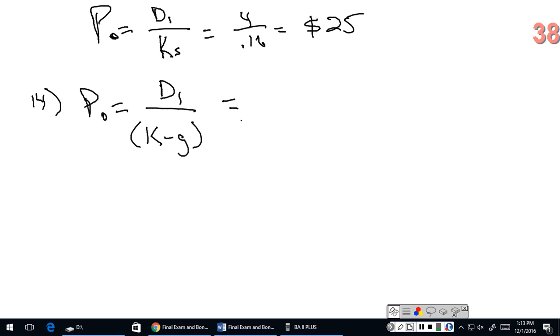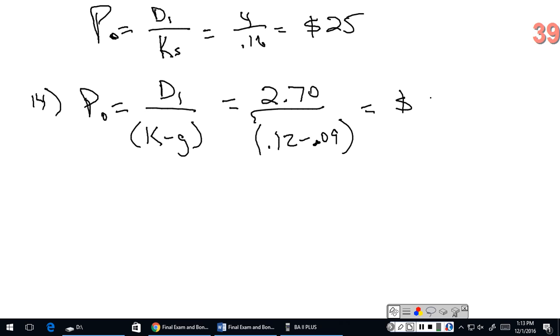It says the next dividend to be paid is $2.70 divided by 12% required return minus the growth rate. And so you should come up with $90 per share.